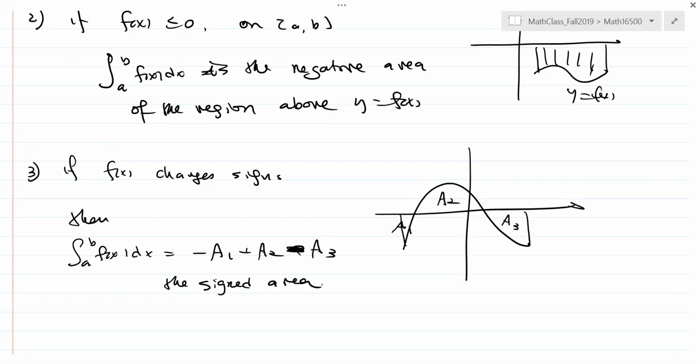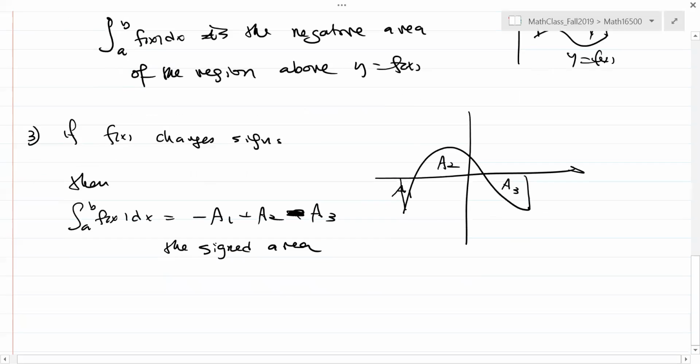Okay, and it depends on whether the graph of the function is positive or whether the function is negative. The signed area of the region. This time I cannot say above the graph, so between the graph and the x-axis. How about that?